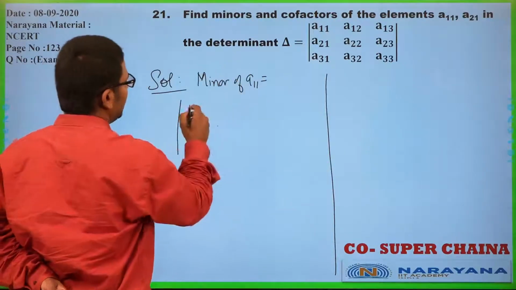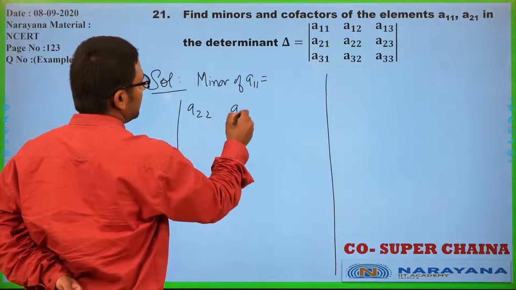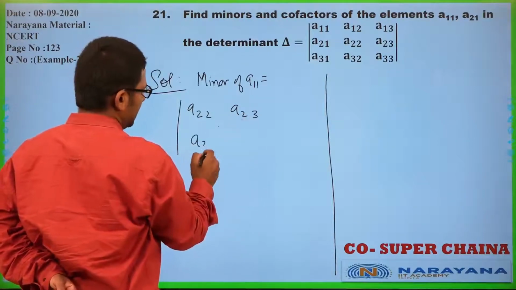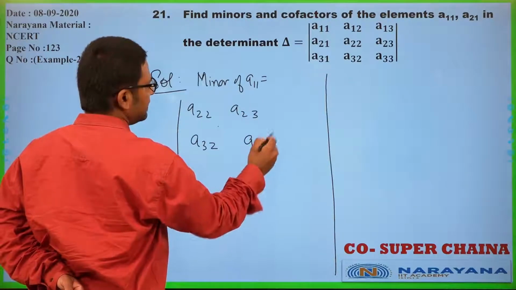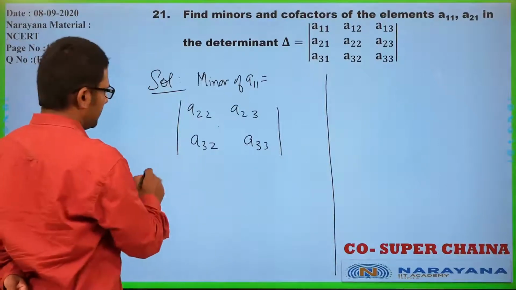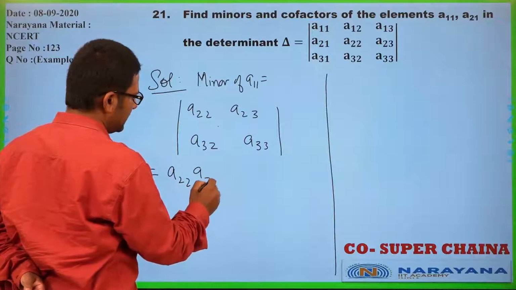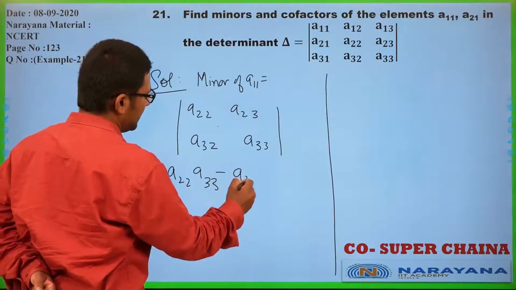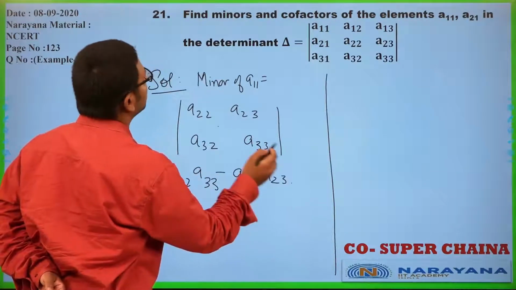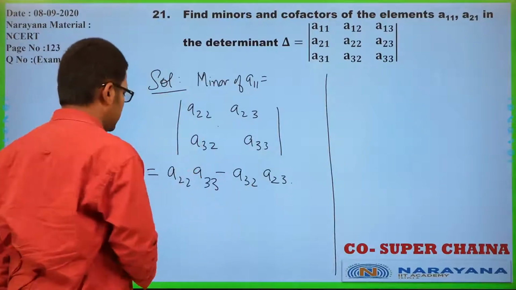Minor of A11 would be A22, A23, A32 and A33, right? Which is A22 into A33 minus A32 into A23, right? And then we want the cofactor also, right?